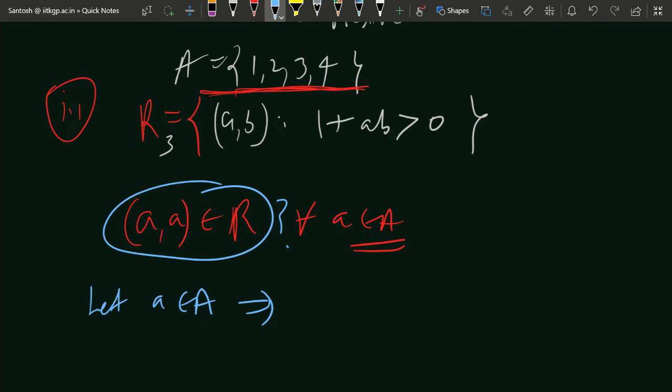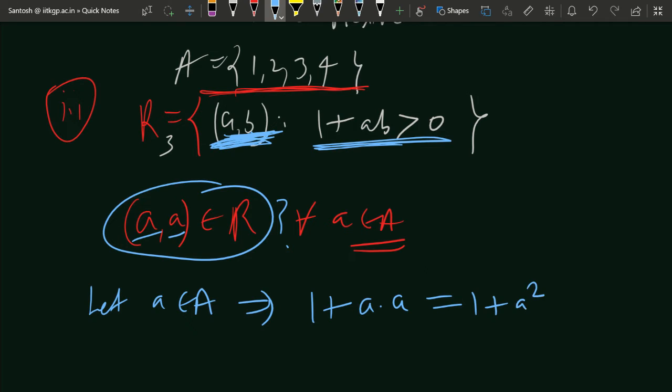Here a is related to b if 1 plus ab is more than 0. In place of b we need to put a. So 1 plus a times a, that will be 1 plus a square, and we know the property of a square: a square is never negative. So 1 plus a square will also never be negative, it will always be more than 0.